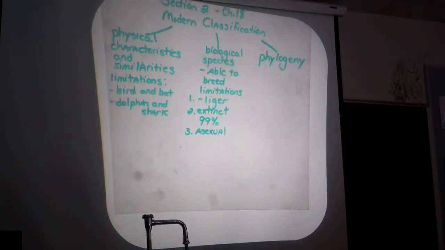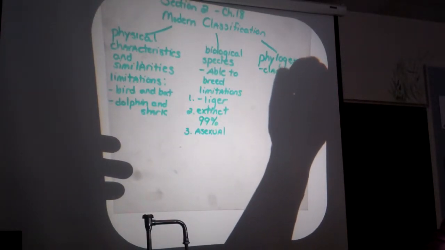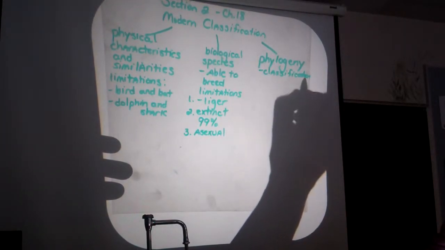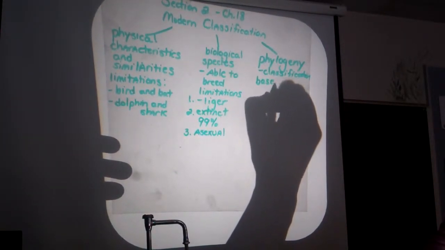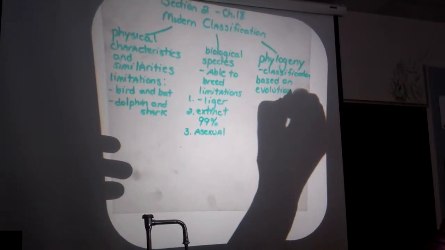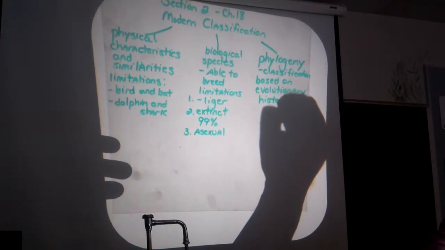Phylogeny. I don't like to throw too many big words at you guys, but this is actually one of them that you probably should know. In other words, these days when scientists classify something, it's classification based on evolutionary history. I'm just going to kind of say that.